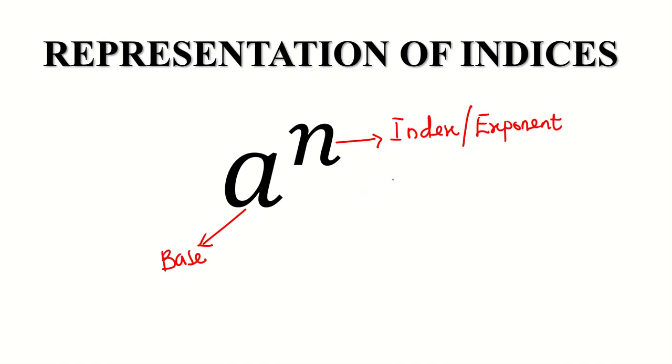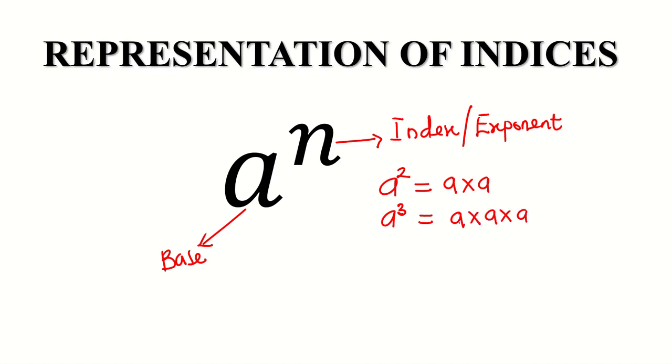So if we have a exponent 2, it simply means that a is repeating itself twice. So a times a is the same as a exponent 2. If you go further and write a exponent 3, it means that a is repeating itself 3 times, so that is a times a times a.